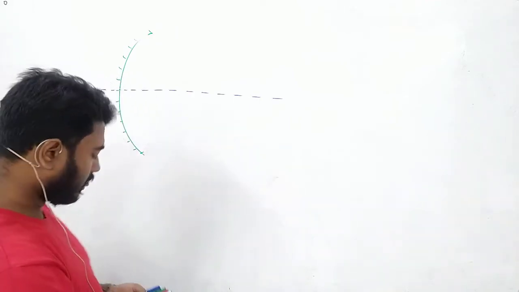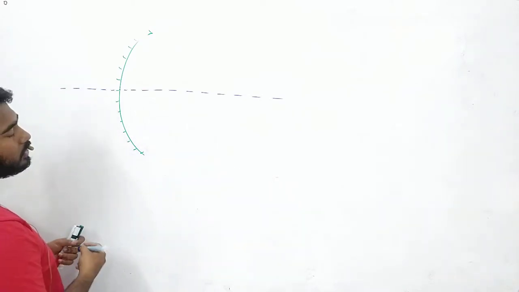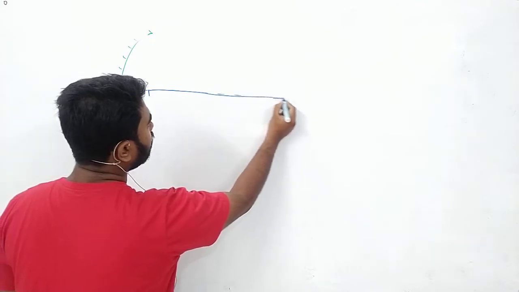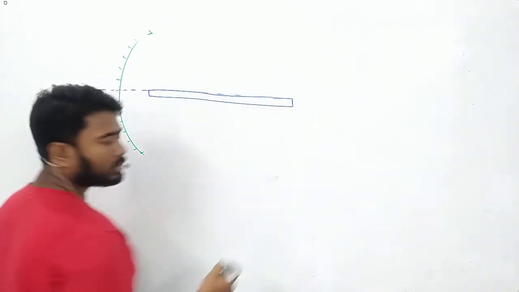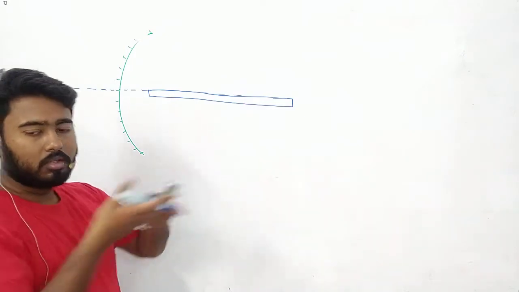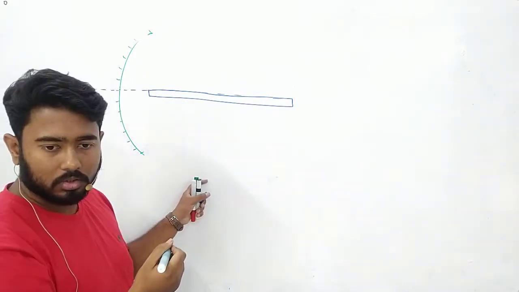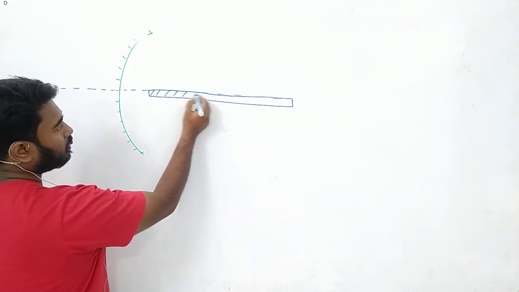What I am doing is that I am using a wooden plank, and I am placing the wooden plank here. Shall I show it 3D or 2D? You can understand it 2D, right? This is the wooden plank.